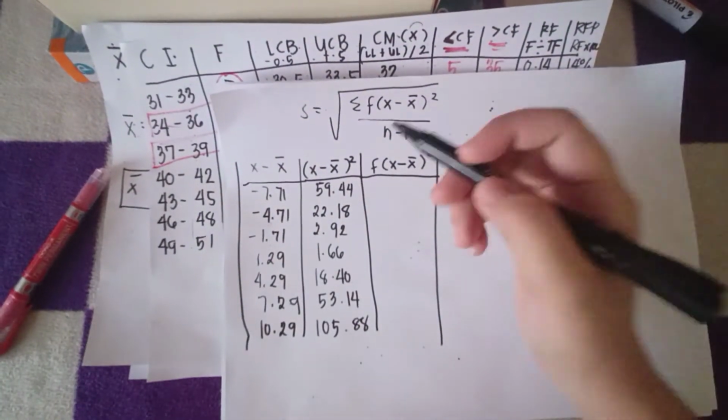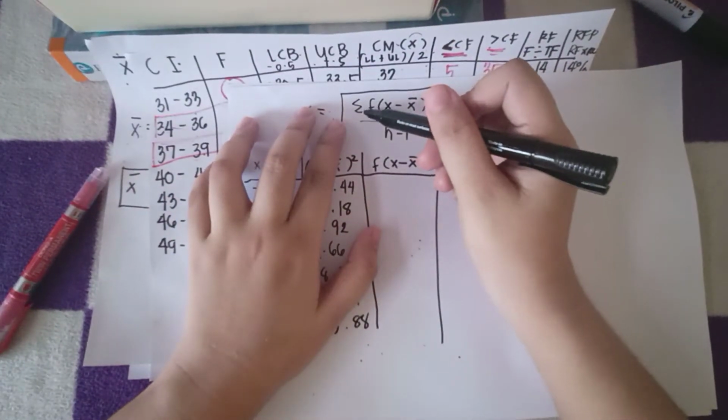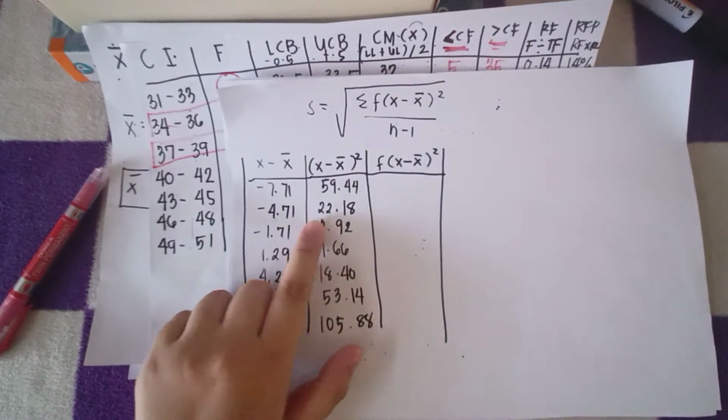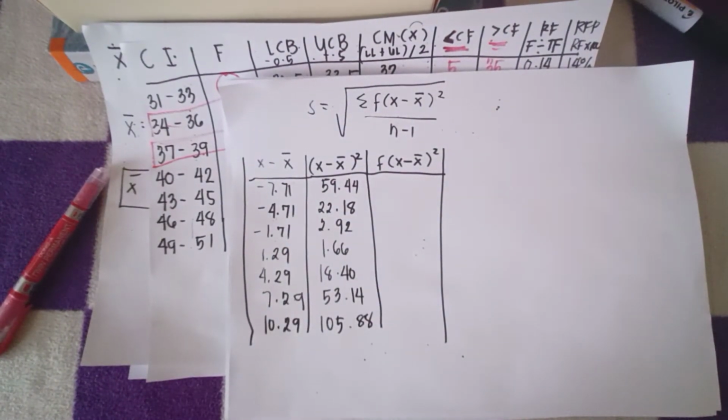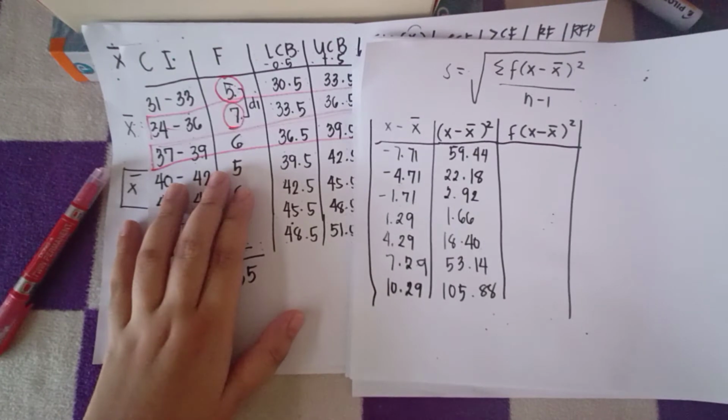And then, next is frequency times x minus mean squared. Yung kailangan nyo para sa ating formula. Yung mga nakuha nyong score, gagawin nyo lang is i-multiply nyo lang kay frequency.